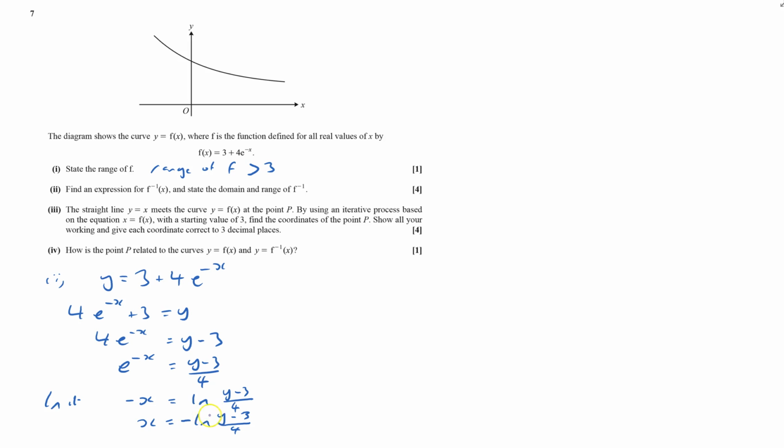And then that minus sign can go up in terms of power, so x equals ln of ((y minus 3) over 4) to the power minus 1. That is the index going up to the top there, and that means reciprocal. So I get x equals ln of 4 over (y minus 3).